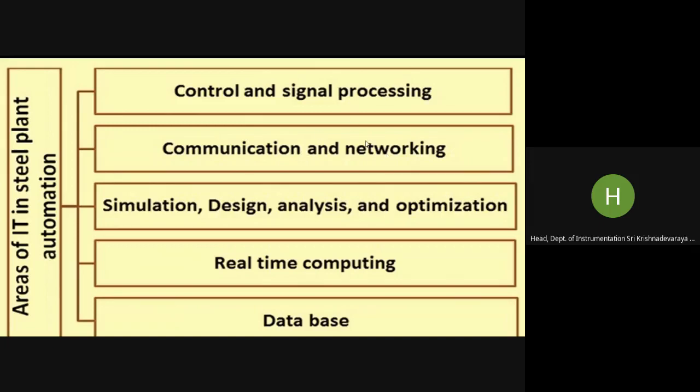So how are you going to connect or network all these devices for intercommunication? Then after that, you need to simulate the data, design it, analyze, and optimize. That means you have to run a pilot run with some simulation conditions before you design it, and then design the process parameters, analyze them, and optimize them for a given production rate.